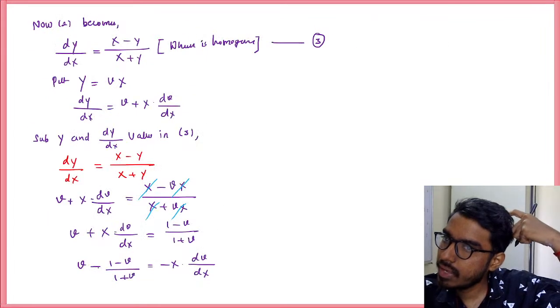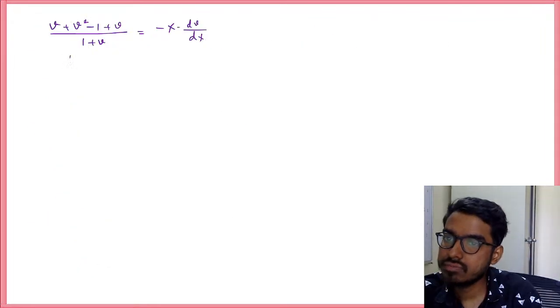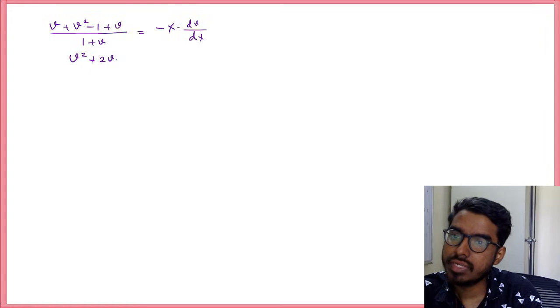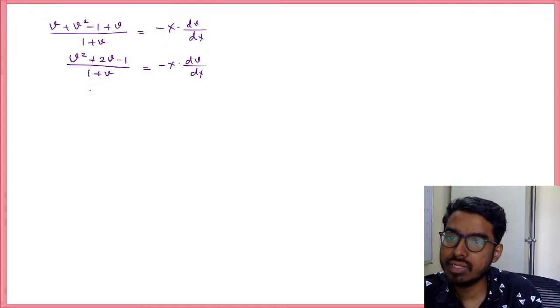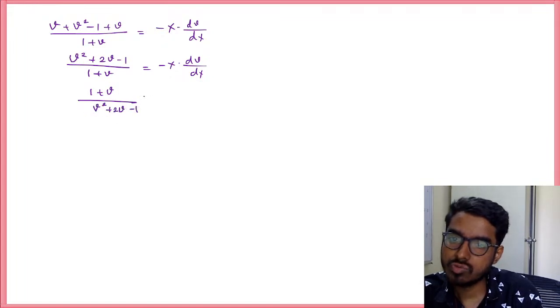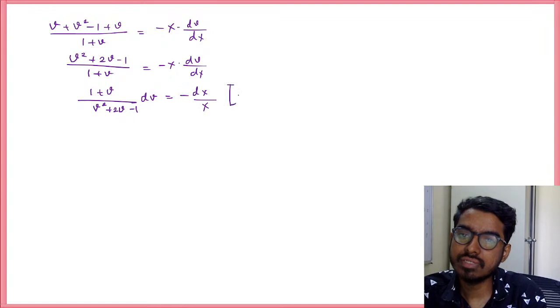So we will be having v square plus 2v minus 1 divided by 1 plus v is equal to minus X into dv by dX. Separate the variables. So you will have 1 plus v divided by v square plus 2v minus 1 dv is equal to minus dX by X, right? Variables are separated.